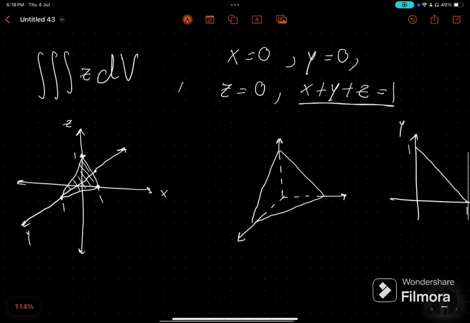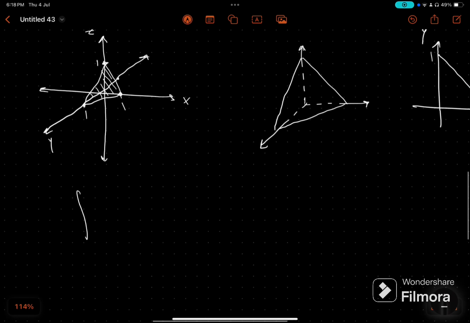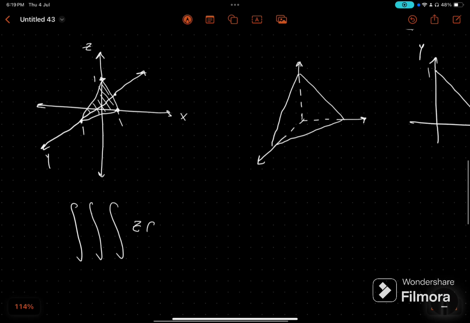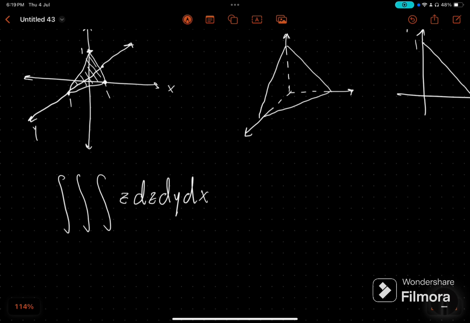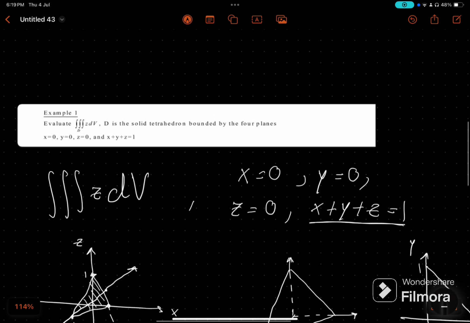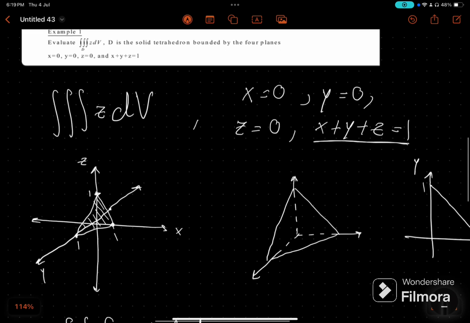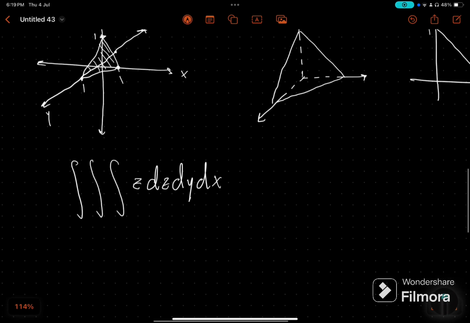And now basically we're going to have the triple integral. First let's write z, and then we do dz, dy, dx. As you can see, there's no specific requirement, so we can do it in Cartesian coordinates.